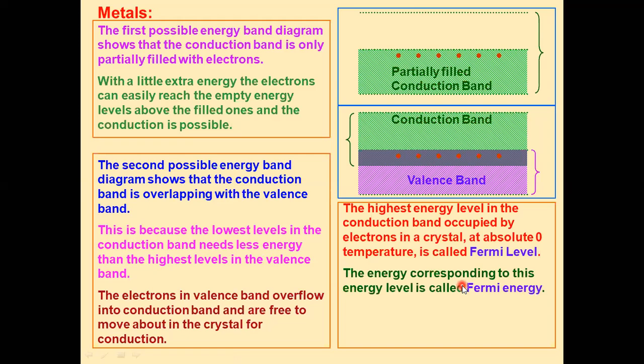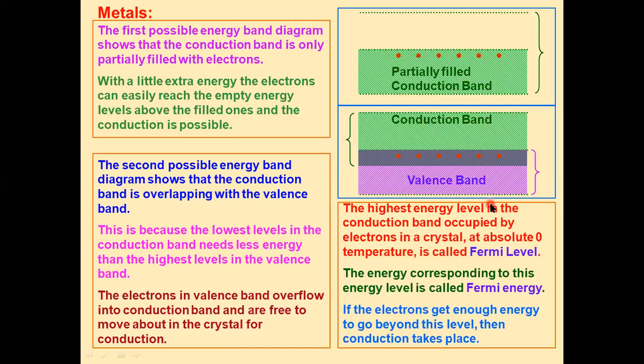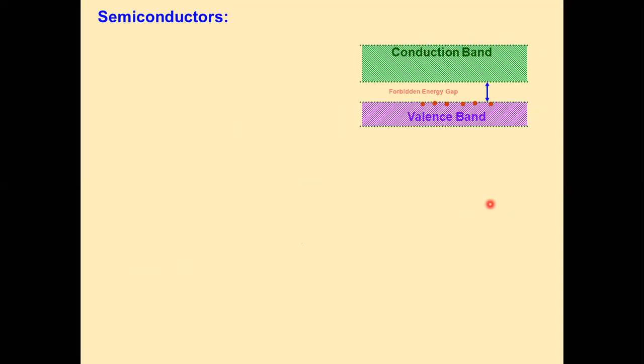And the energy corresponding to this highest energy level, the Fermi level, is known as Fermi energy. If the electron gets enough energy to go beyond this energy level, then conduction takes place and current flows through the metal. This kind of solid is known as semiconductor.